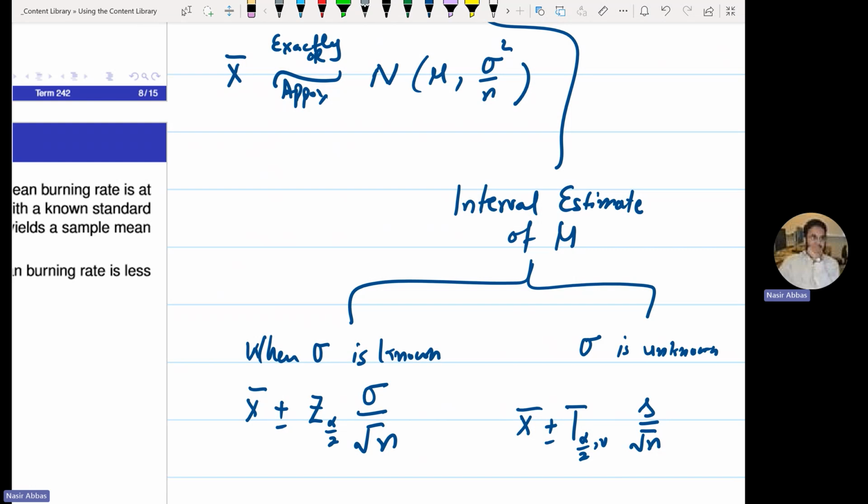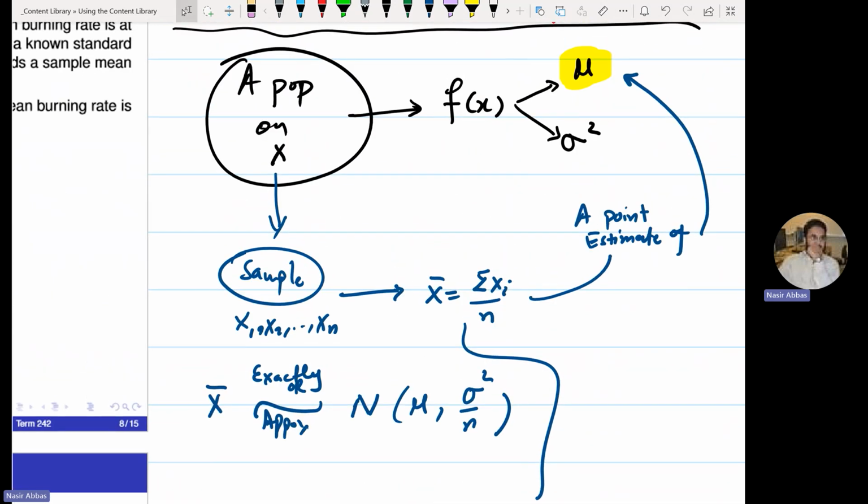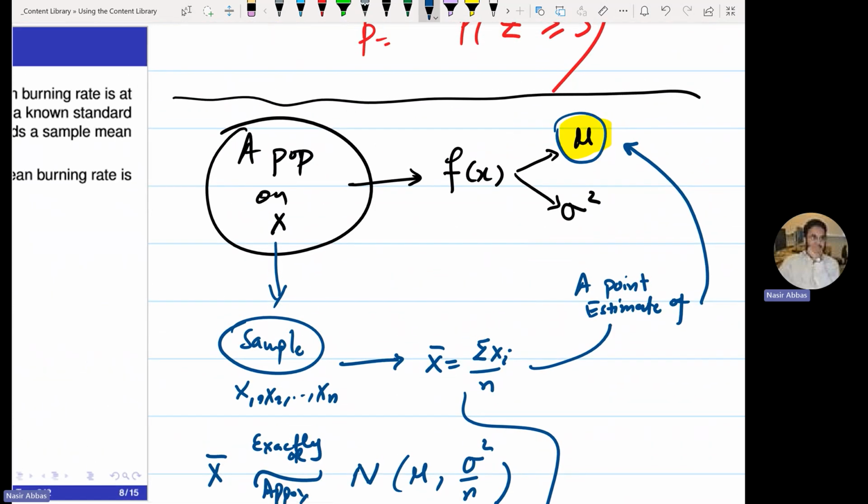Now, in this chapter, chapter 9, we are going to extend this concept to testing some statements about this unknown quantity mu. Sometimes we have a claim about this mu. Someone claims that the average of the population is more than 7 or less than 7 or equal to 7 or less than equal to 7 or more than equal to 7 or not equal to 7. So we have sometimes some claims about the unknown population parameters.